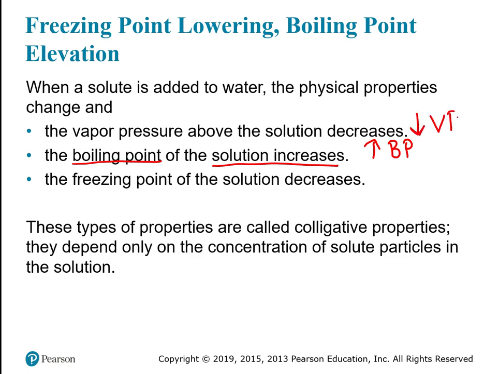So that's VP, vapor pressure. And the freezing point of the solution, so if we were to freeze the salt water, it's going to decrease. So FP is our freezing point. These different properties depend on the concentration of solute particles in solution.